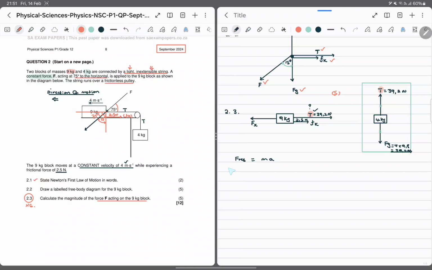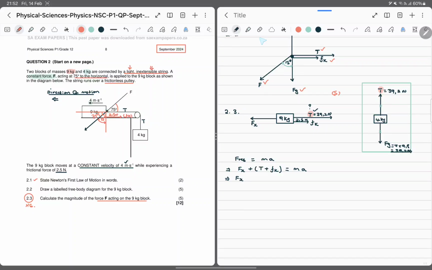Okay? Now this implies that the component of that force in the x direction, plus the sum of these two forces, the tension and the frictional force, should be equal to mass times acceleration. Okay, we move on and say this is the F in the x direction.